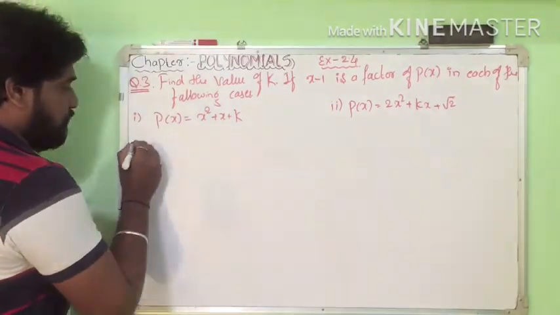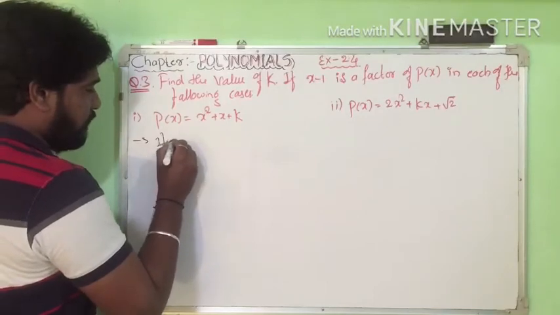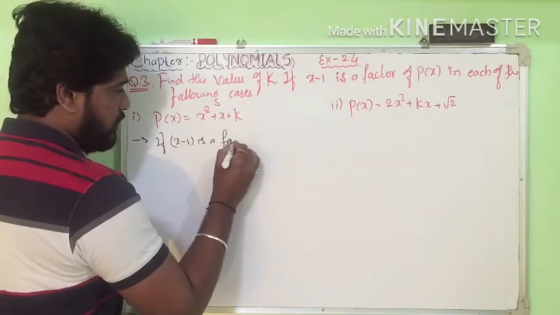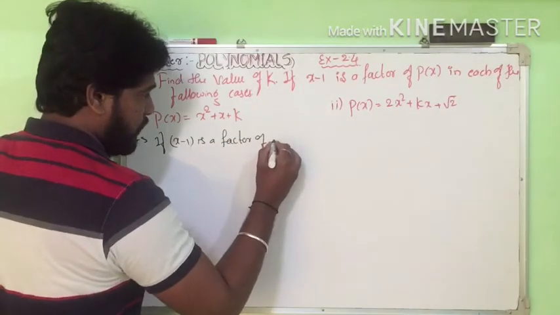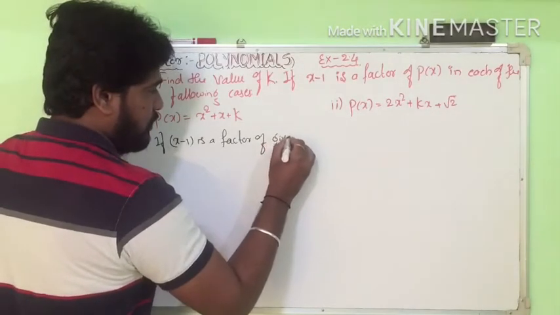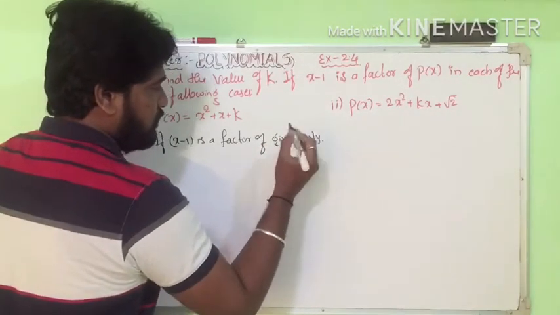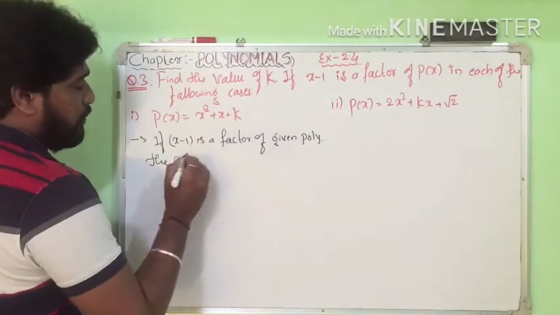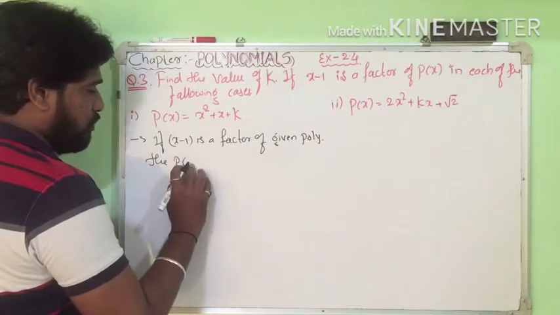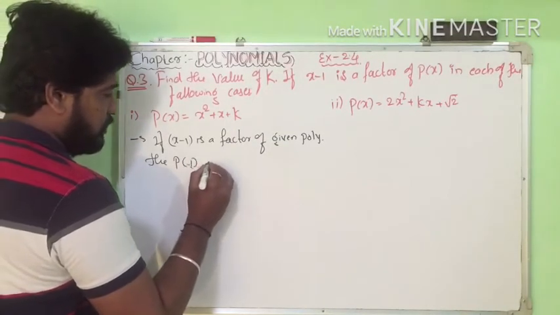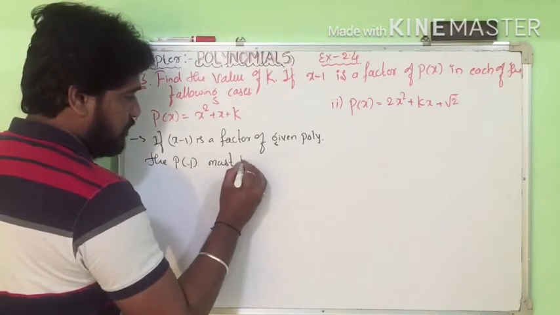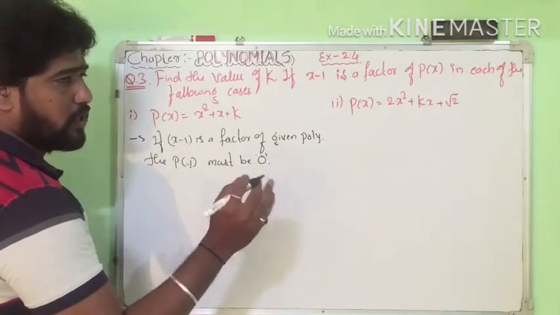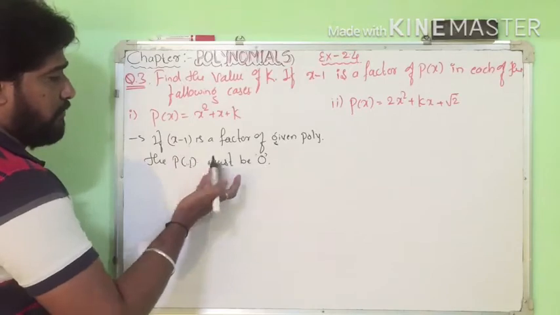So first write down, if x minus 1 is a factor of the given polynomial, then p of 1, because x minus 1 means plus 1, the opposite sign, p of 1 must be 0, right? So it is a factor of the given polynomial means the remainder must be 0. It is based on the factor theorem, right?